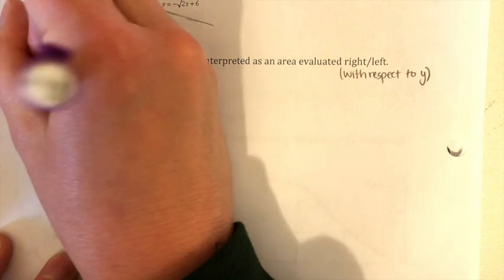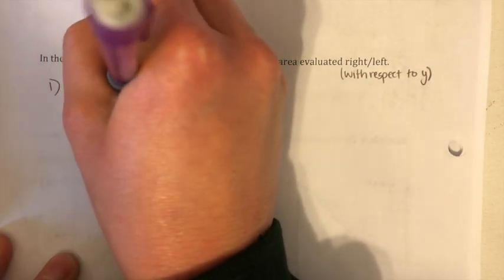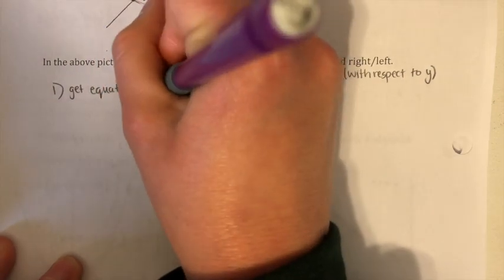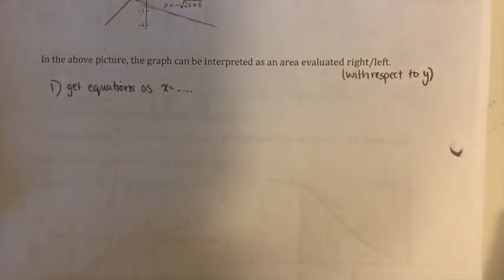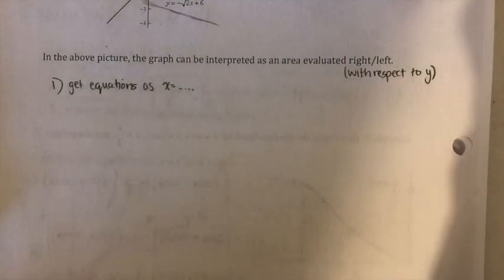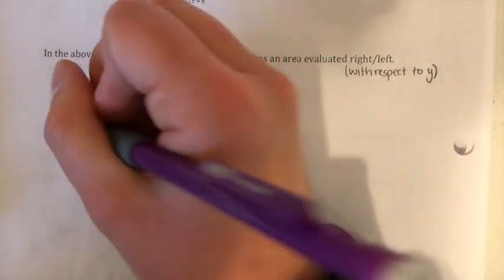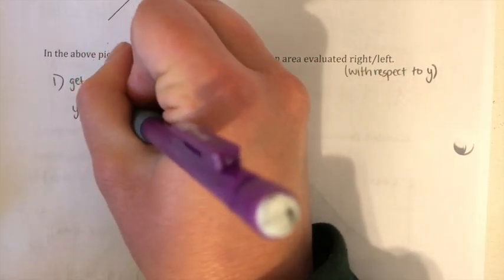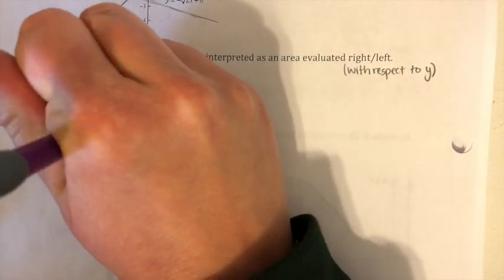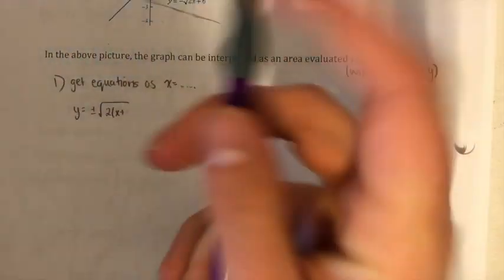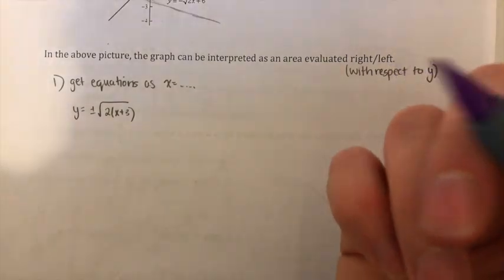Okay, so the first thing that we need to do is get the equations as x equals blah, blah, blah, instead of y equals, because then it's in terms of y. Okay, so y is going to equal plus or minus root of 2 times x plus 3. So we want to isolate for x. So the first thing that we're going to do is square both sides.